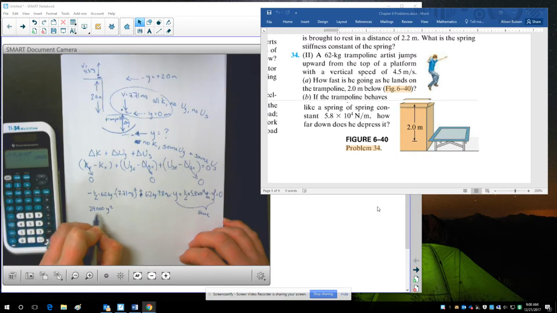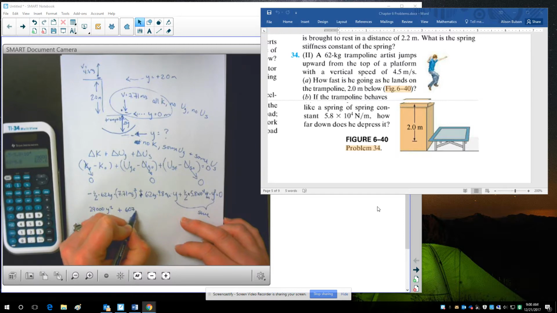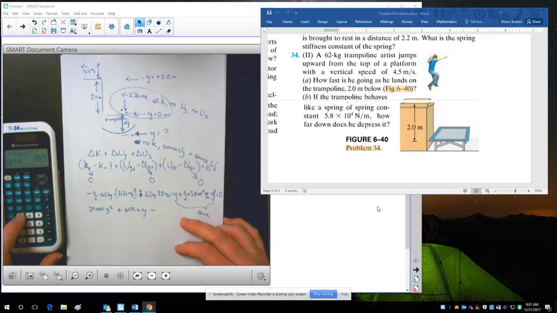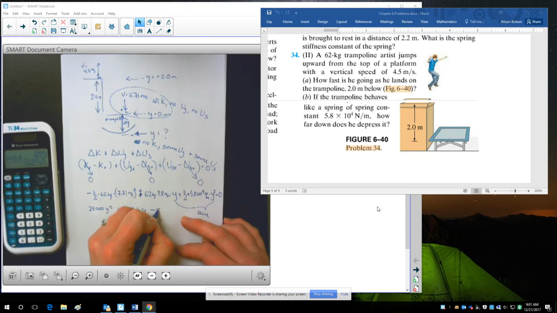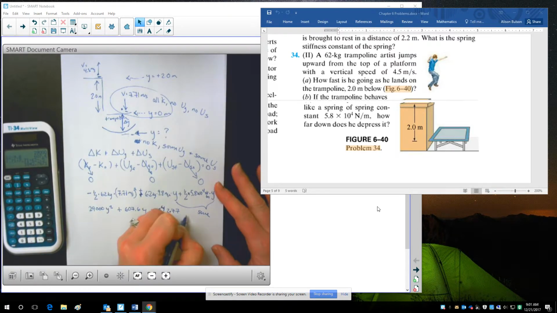We're just going to say 29,000 y squared plus 607.6 y minus 1842.77 equals 0.